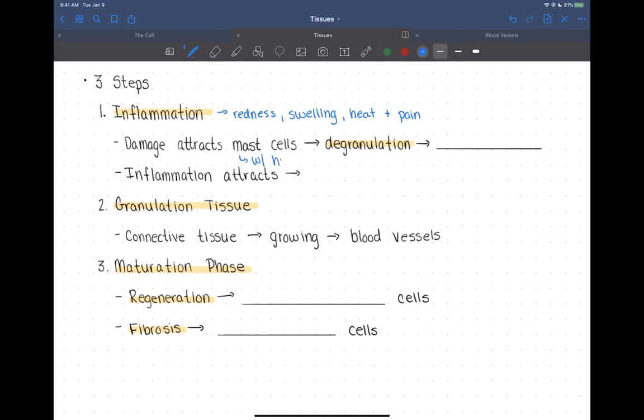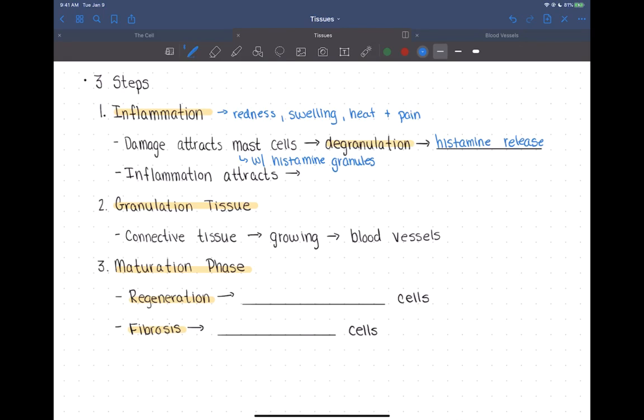When they get to the site of the injury, they are going to degranulate. Degranulation just means they're releasing all those granules full of histamine. That histamine release is what is going to trigger the inflammation.